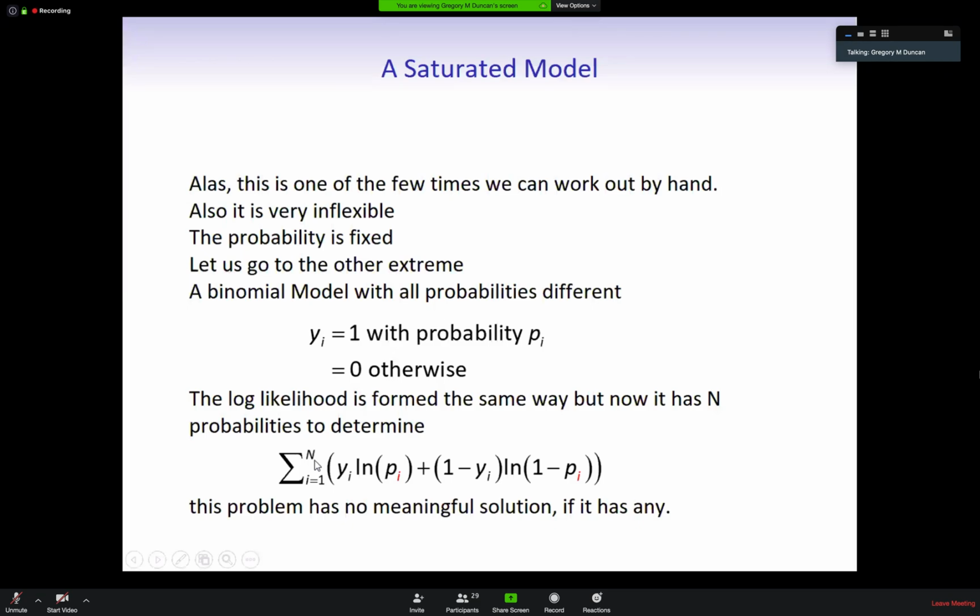And in a case like that, you're going to find no meaningful solution if it has any solution at all. And this isn't simply with this model. It's saturated in the sense that it has as many parameters to be estimated as observations. And that's the other extreme. It certainly makes sense that everybody has a different probability, but we can't estimate the probabilities.